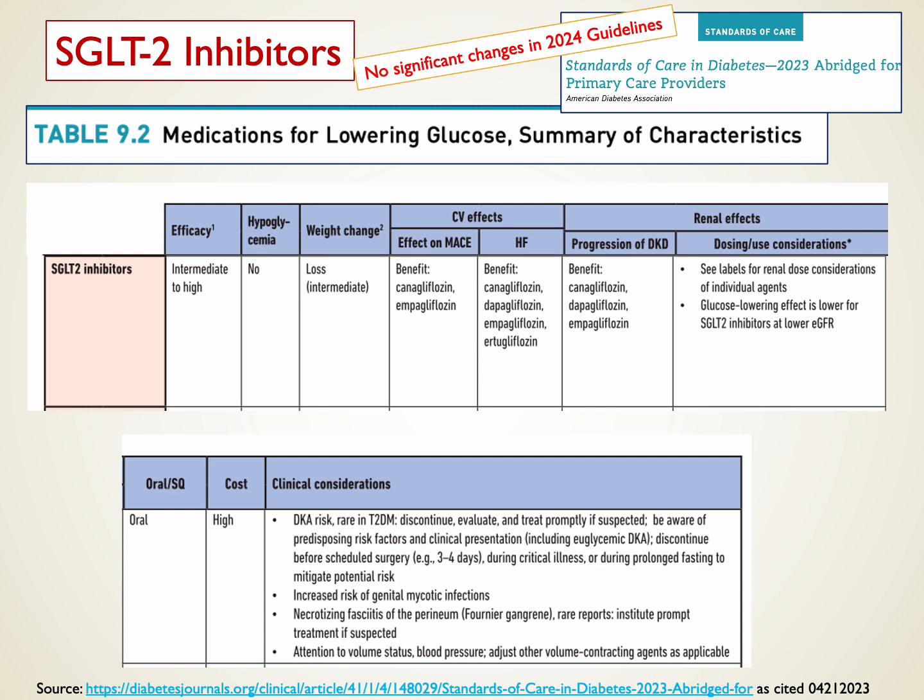They're oral, they're expensive. They're probably not quite as expensive as the GLP-1s are, but they're still quite expensive for patients. We're talking hundreds of dollars a month, and with copays, it still may be quite high for patients. And then the downsides to these agents is that there is a potential risk for DKA, although that risk is actually in practice pretty low and is usually outweighed by the benefit.